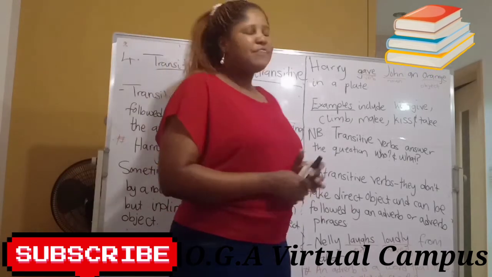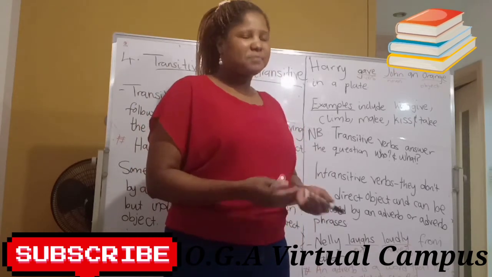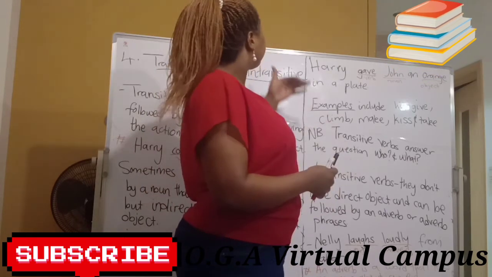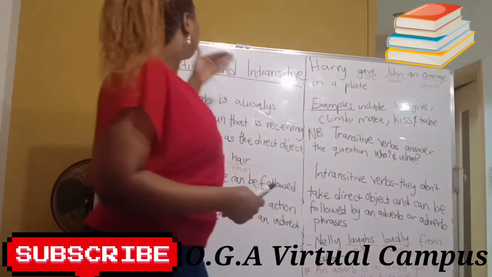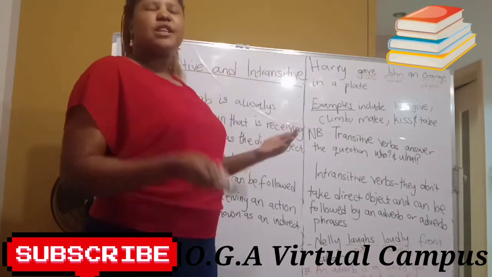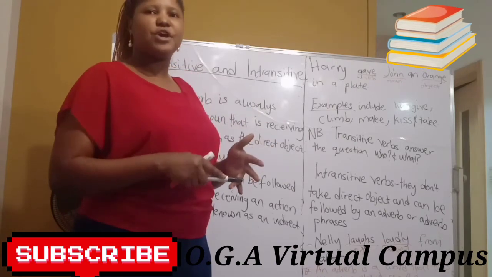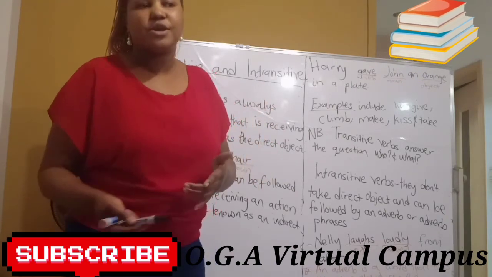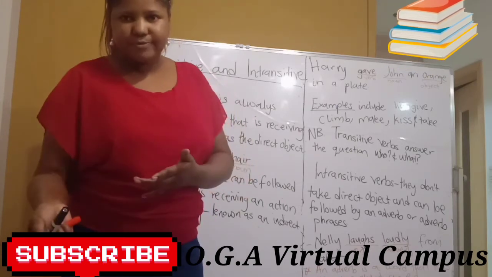Okay? This is the end of our video for this week. And please, I hope you followed me from the definition to the types of verbs: the action verb and the state verb, the auxiliary verbs, which sometimes can be called the linking verbs, and we have the main verb and the helping verb.